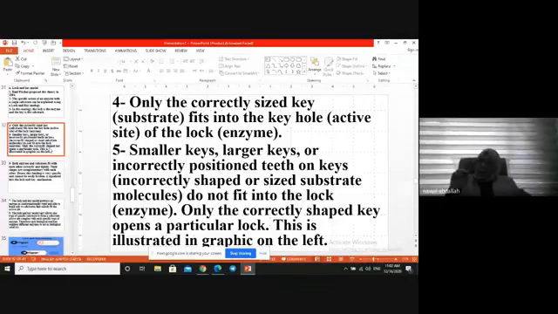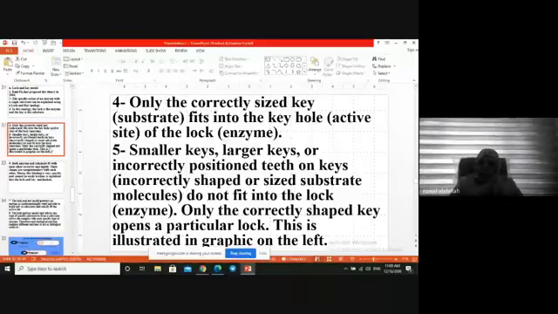Only the correct key, or correct substrate, can fit and complete the active site of the lock.